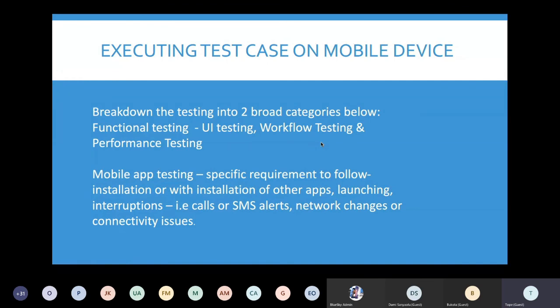Performance in the sense of how fast the application is responding and how it performs under various stress, whether 20 people are using it, 300 people are using it, or there is a sudden spike in the number of users, or subjecting it to a particular load for a particular period of time.